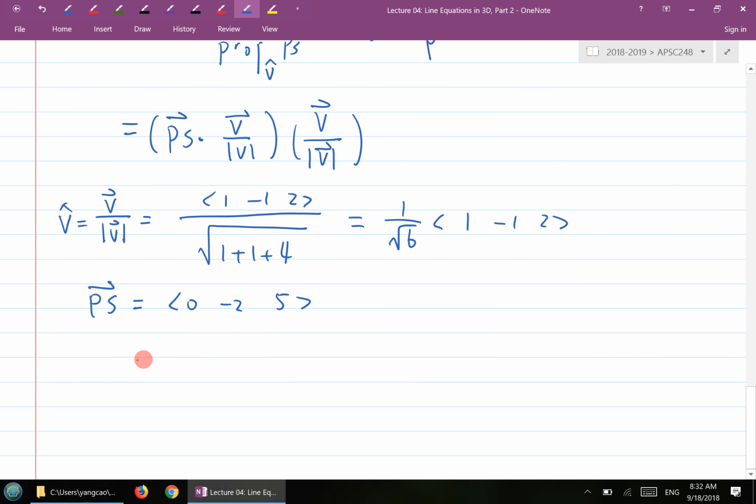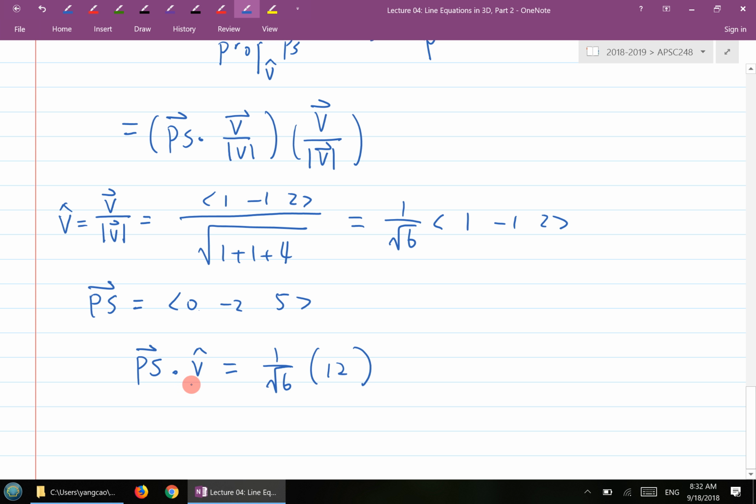So PS dot V hat equals this times this plus this times this plus this times this, with 1 over root 6 as a common factor right here. 0 plus 2 plus 10 gives us 12. That's the dot product, the length of the projection.